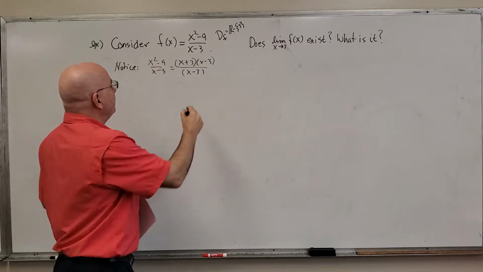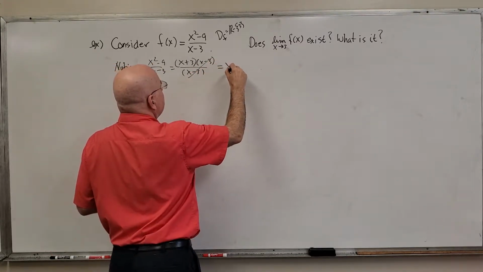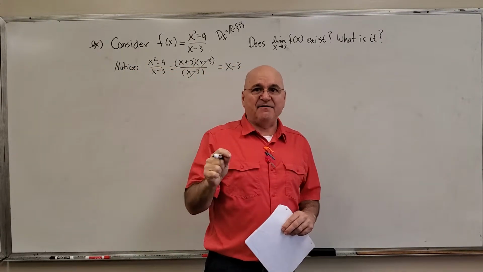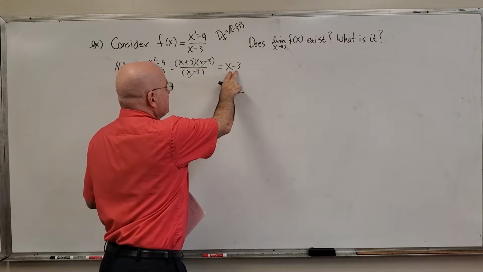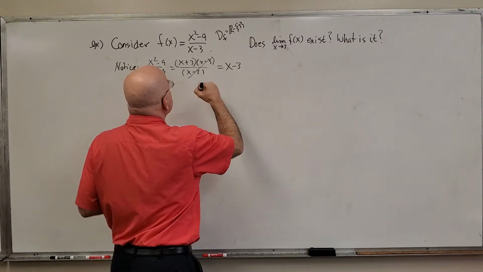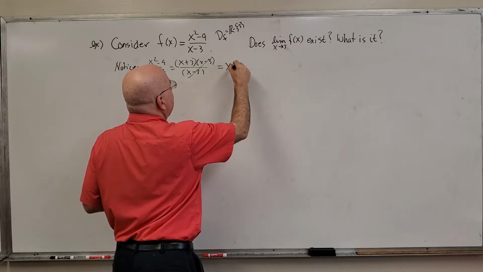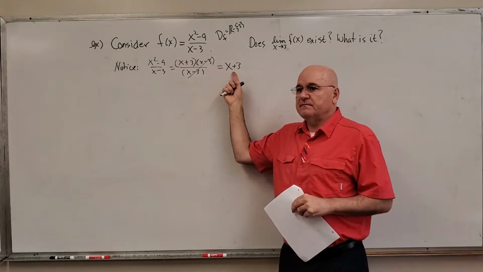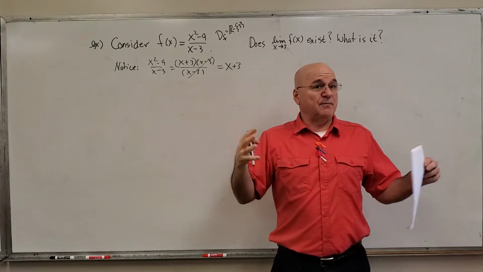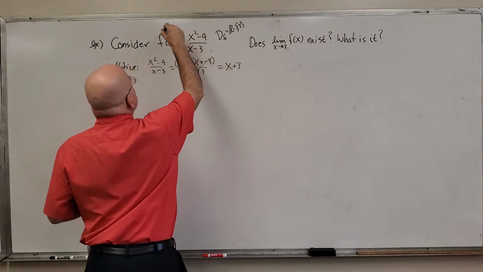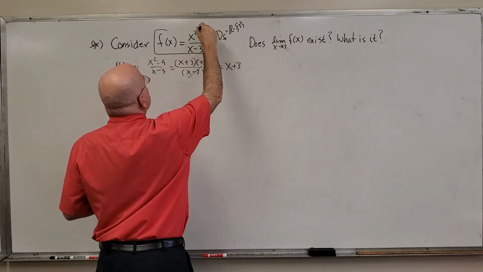So it turns out to be just x plus 3, after canceling the x minus 3 factors. This function by itself, f of x equals x plus 3, has domain all real numbers, but this is where we obtain the domain.